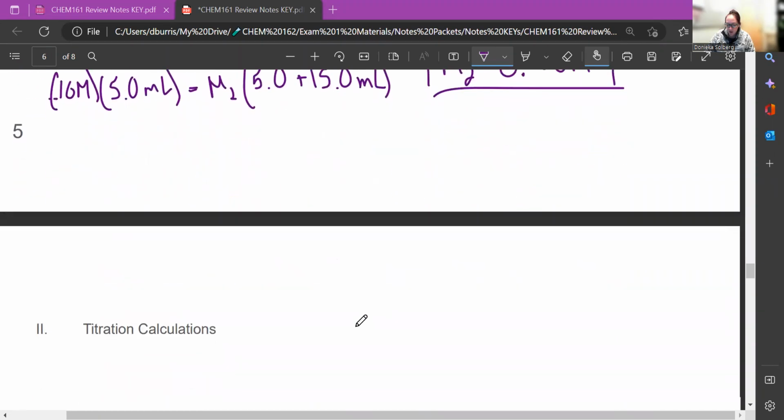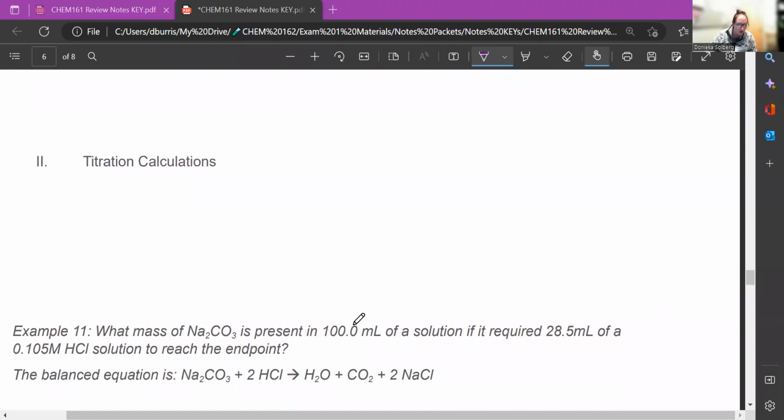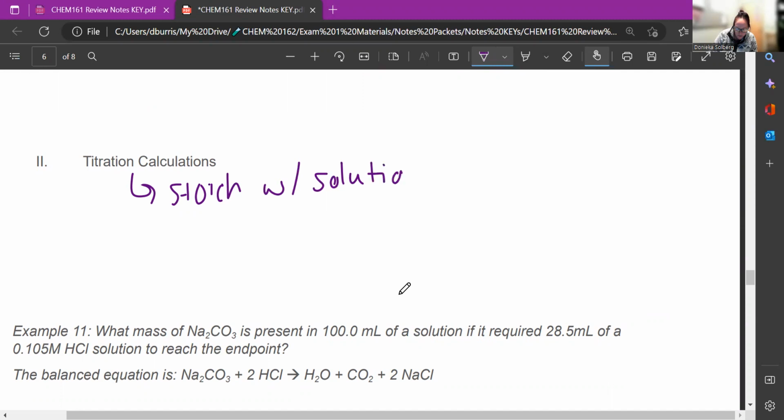Now when you go into the titration calculations, this is essentially just stoichiometry with solutions, again what we'll mostly do in the lab. In order to do it the same way we do all our other stoichiometry problems with dimensional analysis, all you have to do is use molarity as a conversion factor.